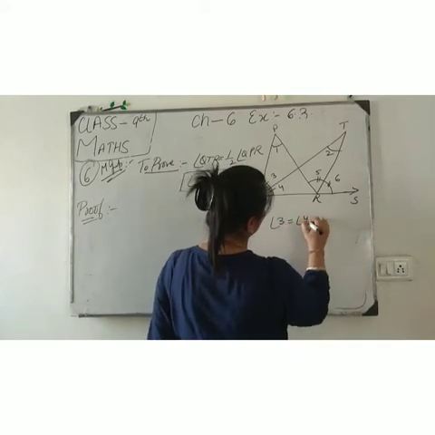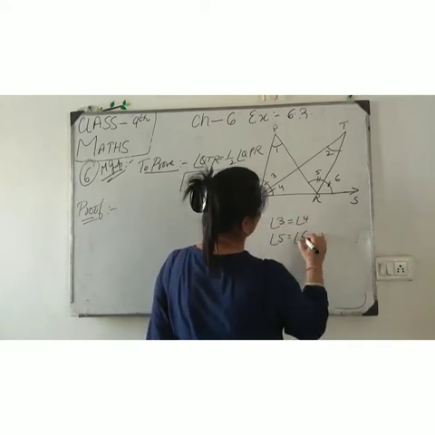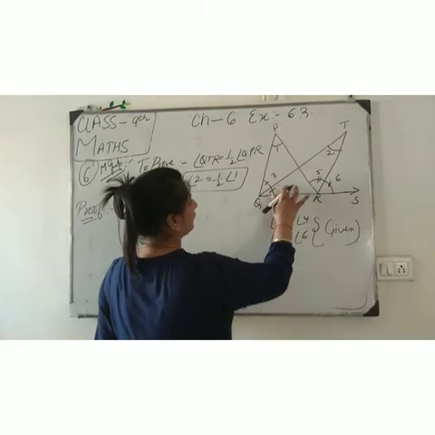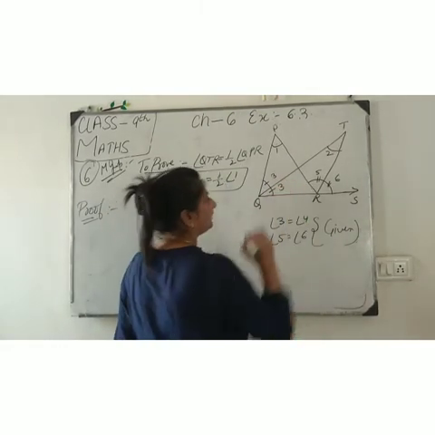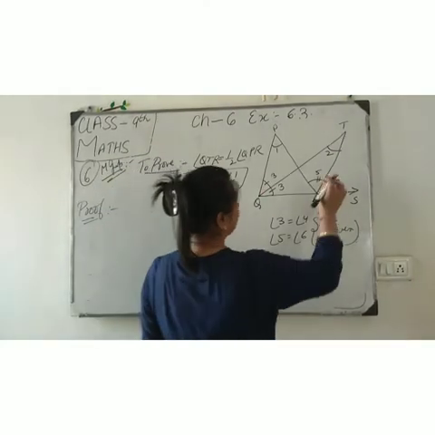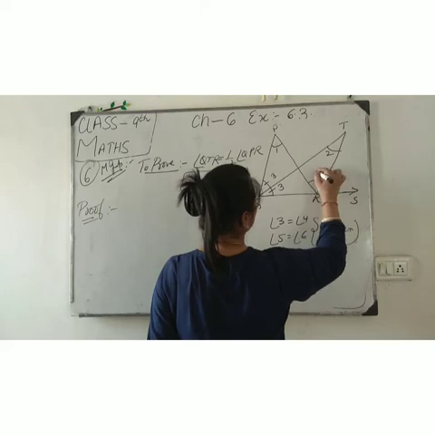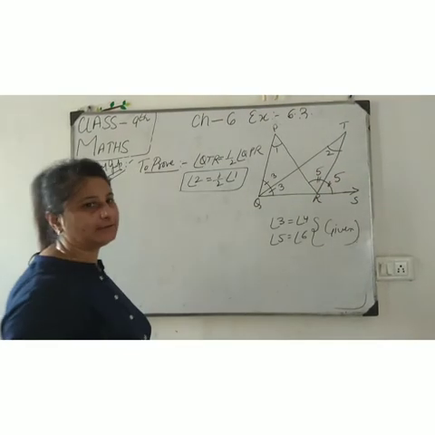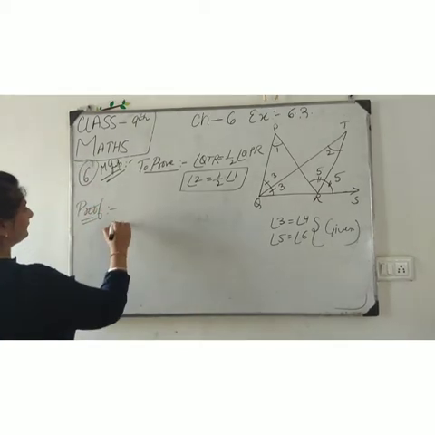Angle 3 equal to angle 4, angle 5 equal to angle 6. Already given. So instead of 4, can I write angle 3? Yes, because both are bisectors. Instead of 6, can I write angle 5? Yes, definitely. So let us start.